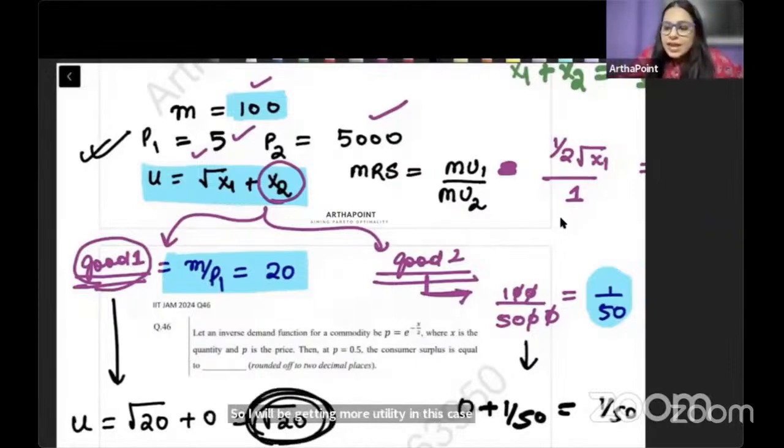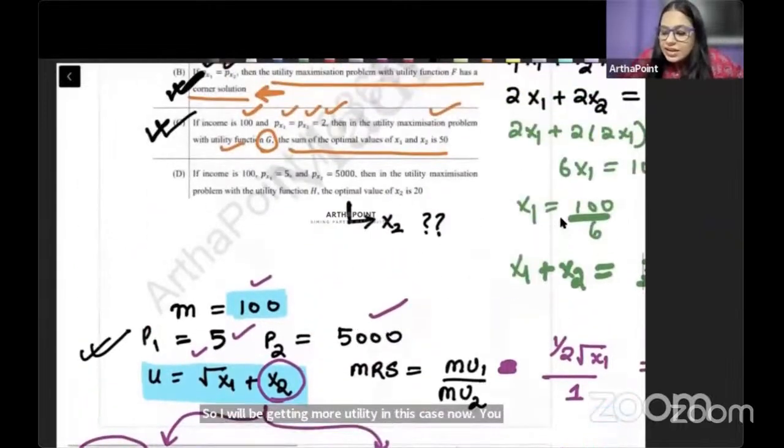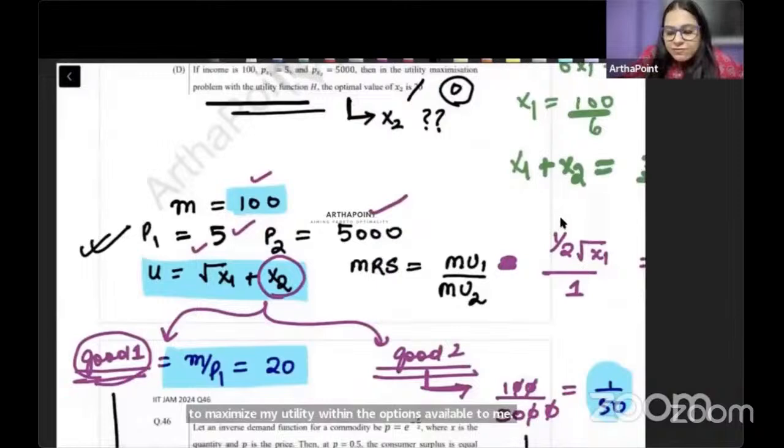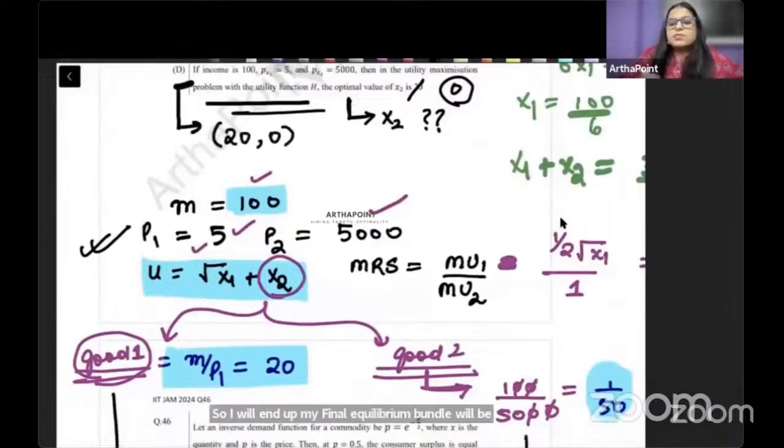It means that even with a utility maximization problem, I should be consuming 0 units of X2. I should not be putting my money on X2. It is not going to maximize my utility within the options available to me. So my final equilibrium bundle will be 20, 0.